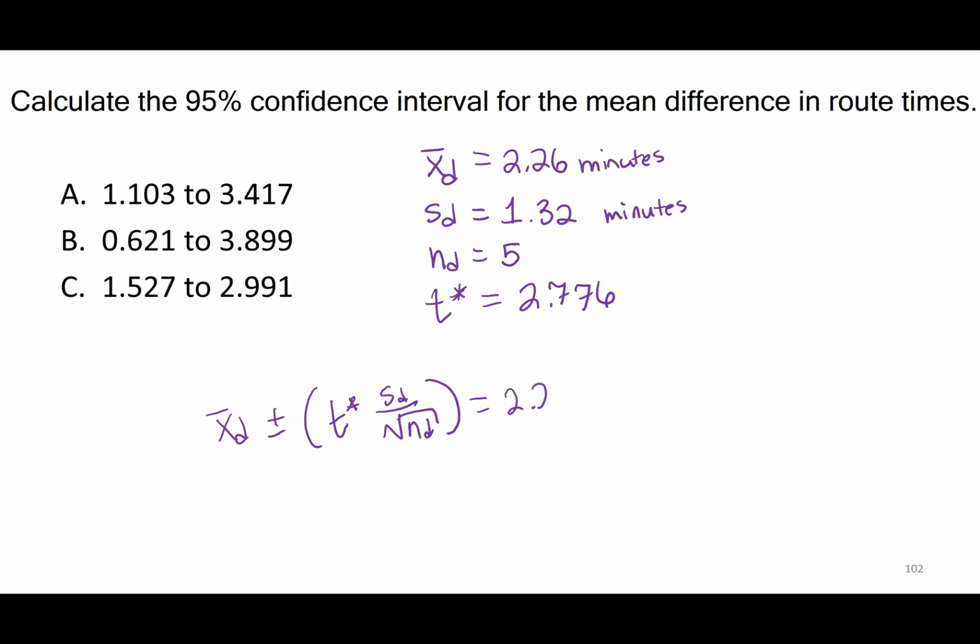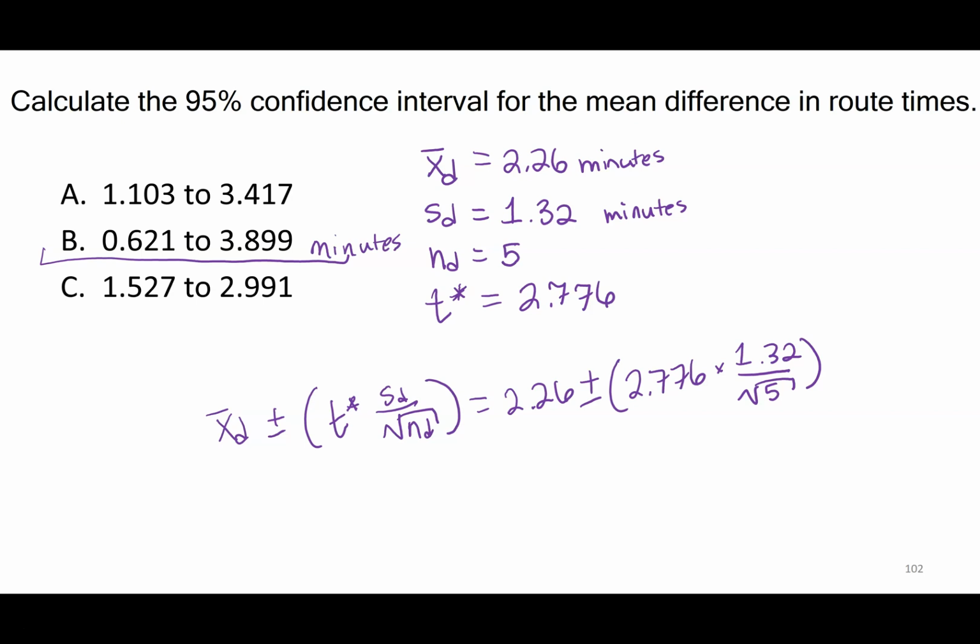So 2.26 plus or minus 2.77 times 1.32 divided by the square root of 5. Absolutely, this stopped being mental math for me the second it was anything besides a square under that square root. I ended up getting the interval, and I'm going to throw minutes in there because the mean difference is in minutes.